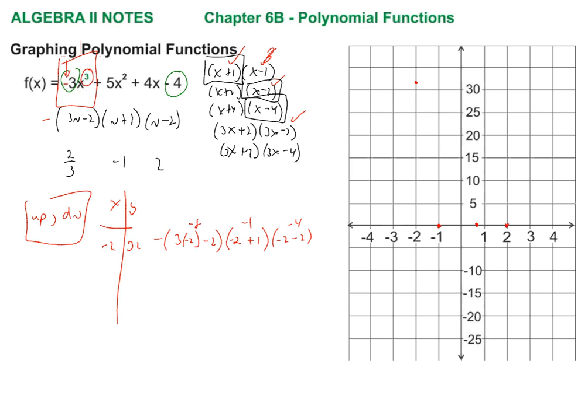Positive 32. Awesome. All right, I got to find a value between my zeros. So I'm going to go with 0. 0 is nice. So everywhere where the variable is, I'm going to put in 0. That's easiest in the original because it's going to wipe out every term except this -4. So that's a -4. On this scale, it's about there, right? Now, on this one, I'm just going to go with the 1. It is between the two zeros.